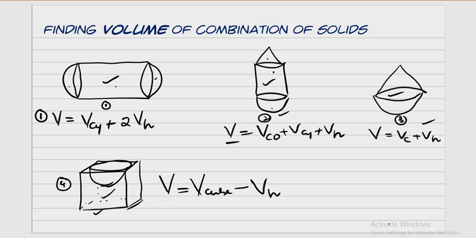Whenever you have a condition for removing, simply subtract the volume which we are removing, and where you have attachment of new objects, you add the volumes.